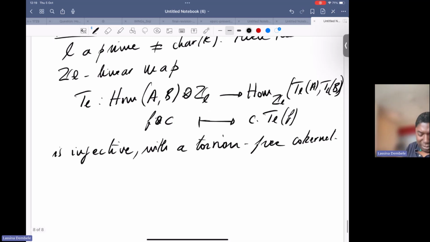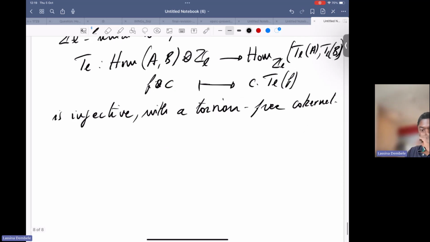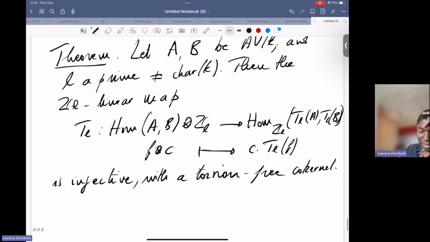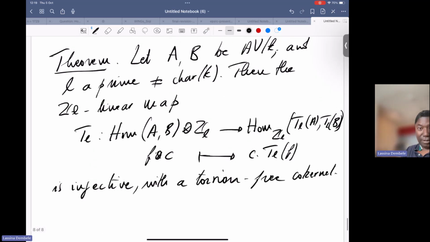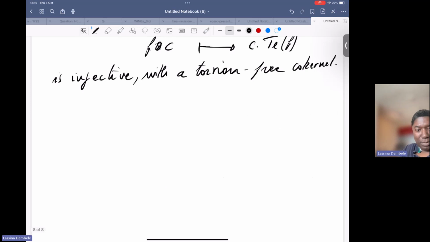I'm not going to give the proof of the theorem here, but I'm going to give some indication for those of you who want to read about it. But this is going to be a very important theorem for us a bit later. It's a key element.